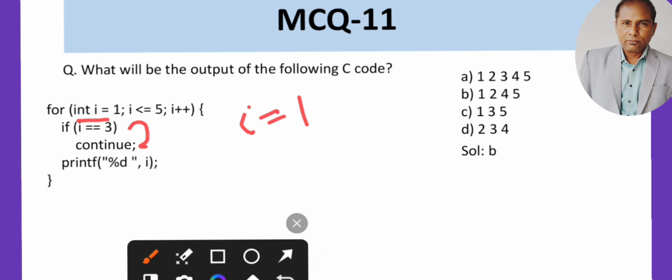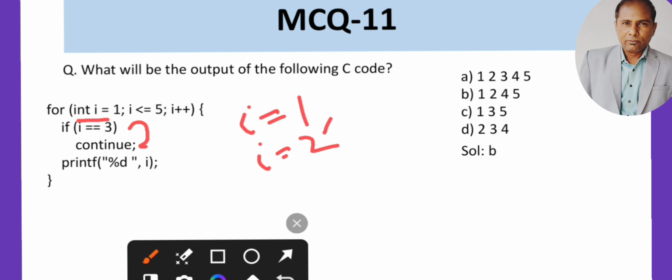In case of continue, it will skip the rest and go on to check the condition. So when i is equal to 1, it will print 1, then increment i by 1, and i will become 2.